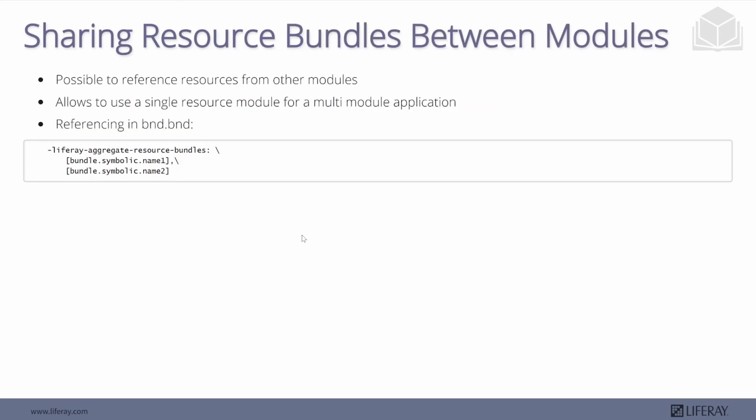Okay. One of the things that we can do as well is we can share our language.properties files or share our resource bundles. The way that we can do so is in part with the bnd.bnd file, right? We can add this line of code here and then add the name of the bundles that contain our language.properties file.